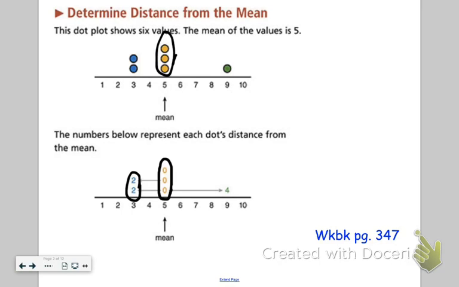And then this 9 over here is 4 spaces away from the mean because 9 is 4 spaces away from 5. So we have 6 distances. We have 2's, we have 0's, and then we have the 4. We have 6 distances from our average or our mean of 5.